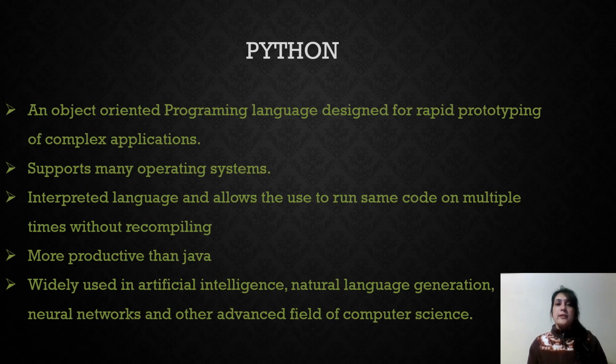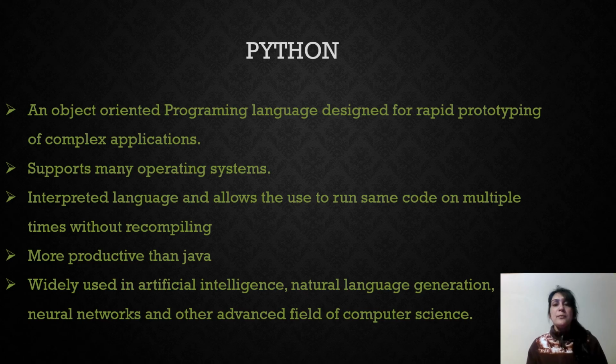Now my next part is about the programming language, and we are all searching about the different languages which we will use for our website development. Here I have searched about Python, which is an object-oriented programming language, very suitable for the rapid prototyping of complex applications.